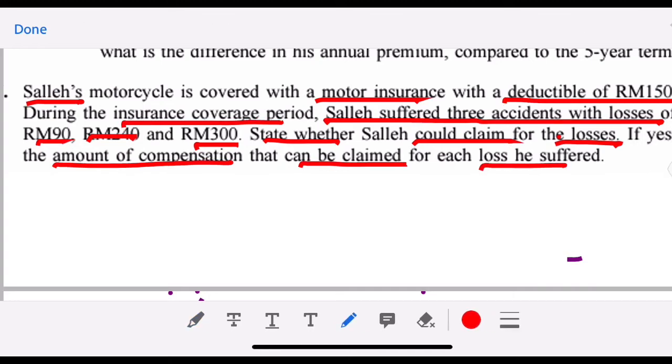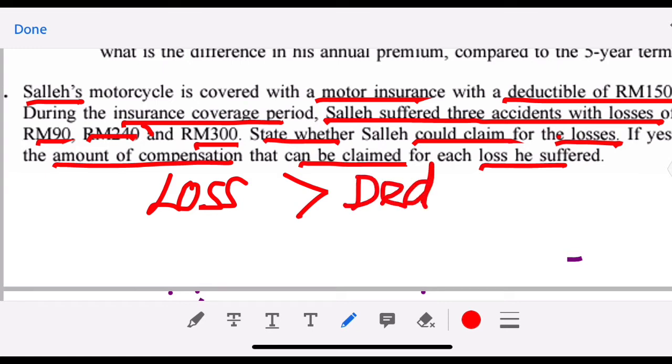So for the deductible amount, the losses that Saleh suffers must be more than the deductible amount. Then only Saleh can claim.